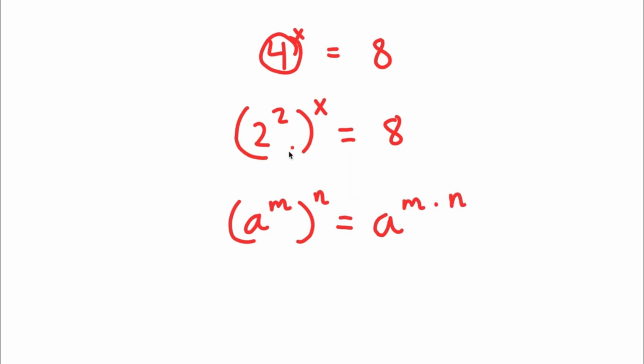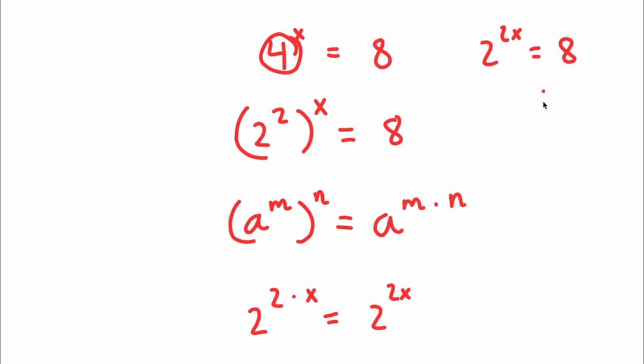So 2 to the power of 2 to the power of x, that's going to equal 2 to the power of 2 times x, which is simply 2 to the power of 2x. So now I have 2 to the power of 2x is equal to 8.